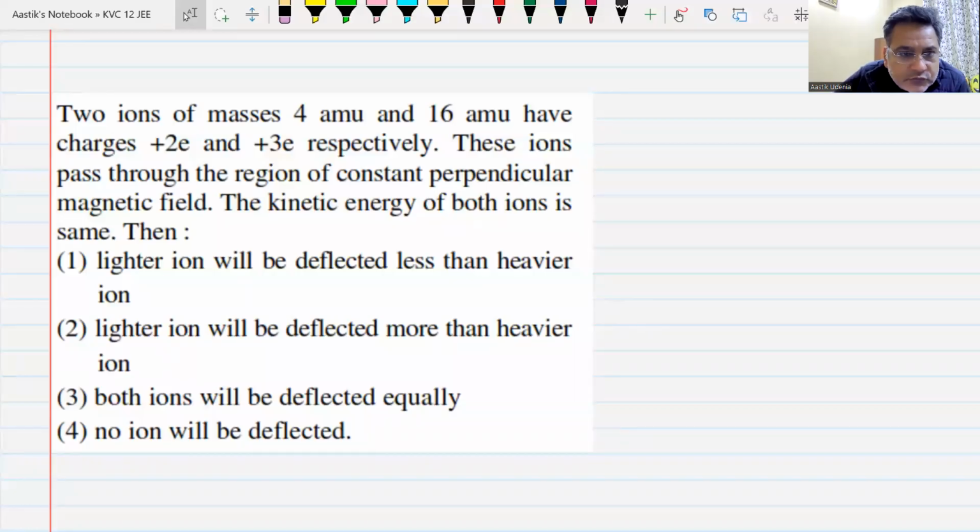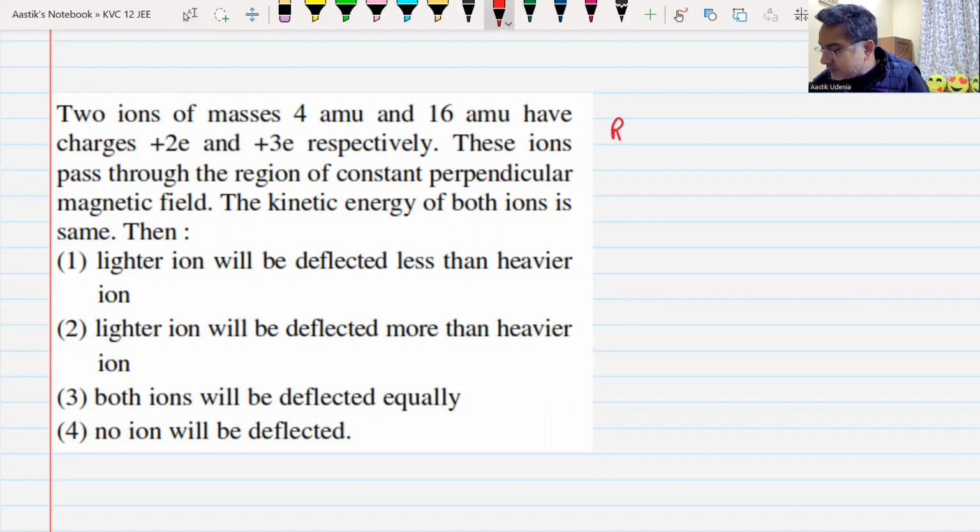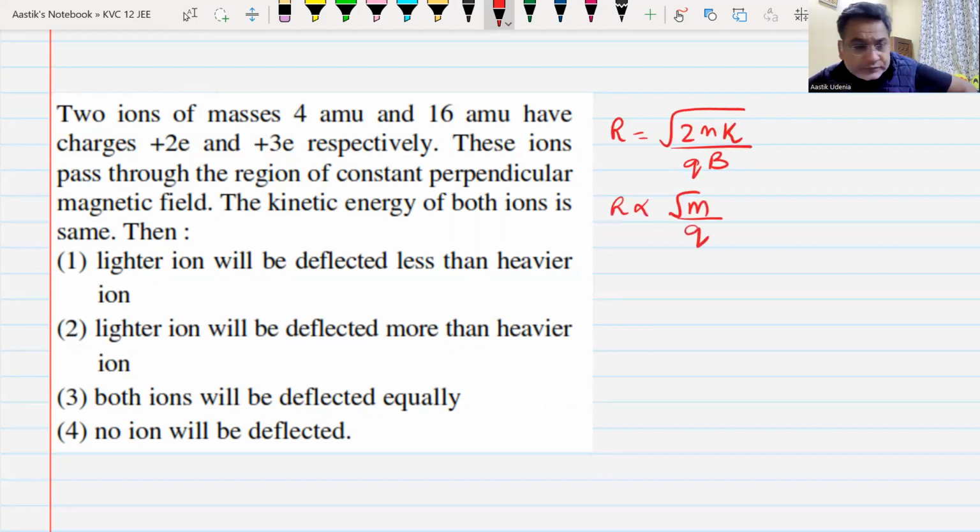Option 2, and that is absolutely correct. Well done. Radius is root of 2mK divided by QB. So radius is proportional to root of M by Q. So R1 by R2, if you find out, will come as root of M1 by M2 multiplied by Q2 by Q1.